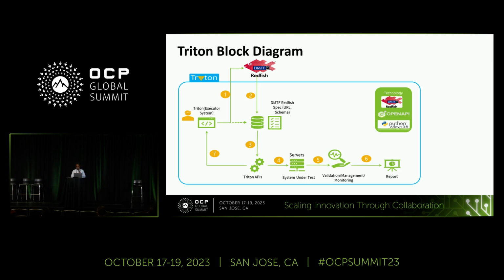We have created a couple of wrapper modules that parse the input from your Redfish API and generate a report which could be used for sharing and even finding insights into what's exactly happening in your infra. That same output is given back to the executor machine, which could be leveraged for future purposes. This has been built on Python 3.8, and of course it uses the Open API as well as the Redfish APIs.